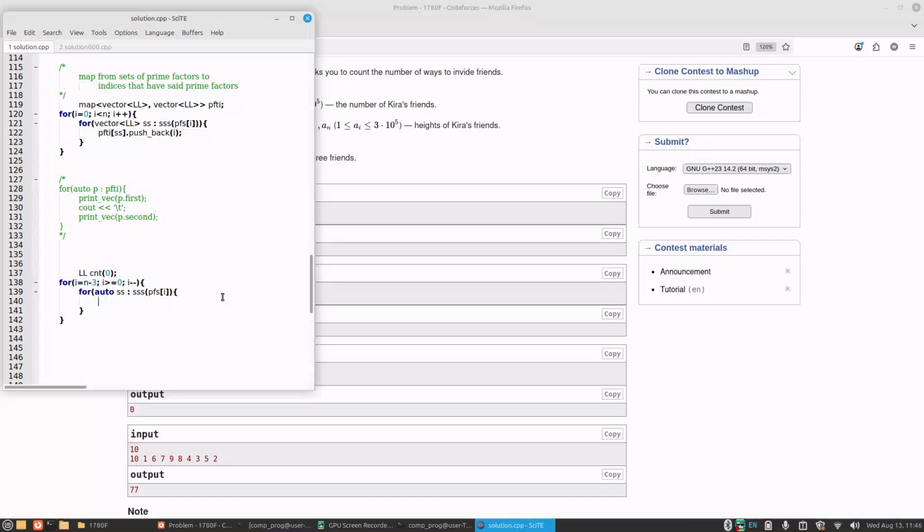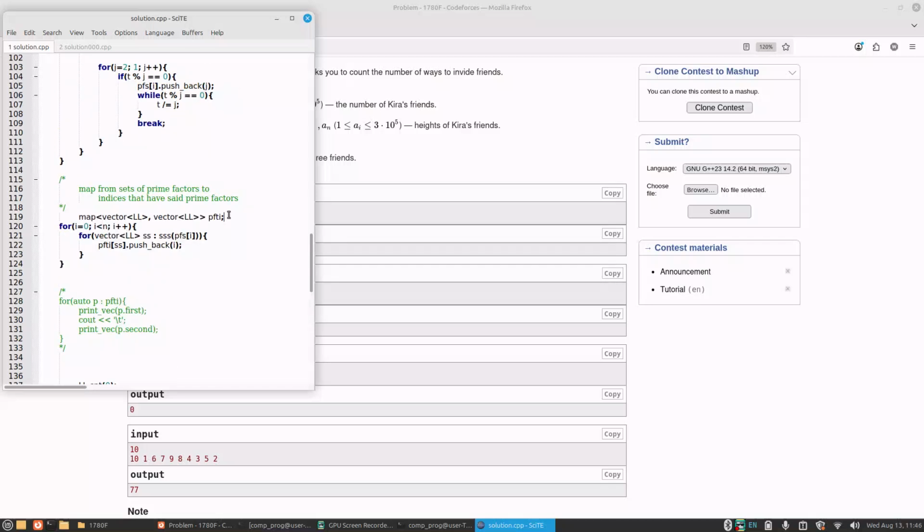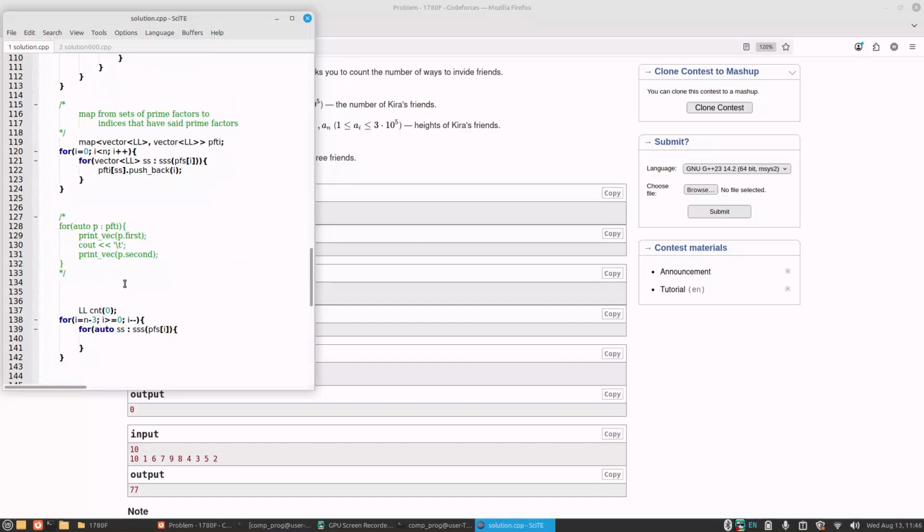Oh, that'll make it simple. Or would it? Yeah, it's simple enough. Yeah.